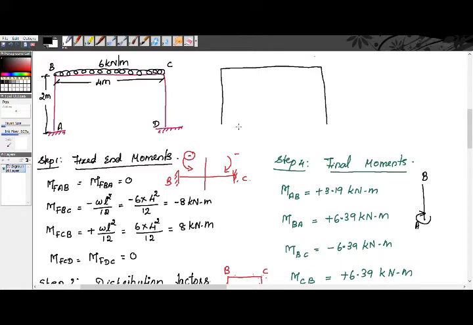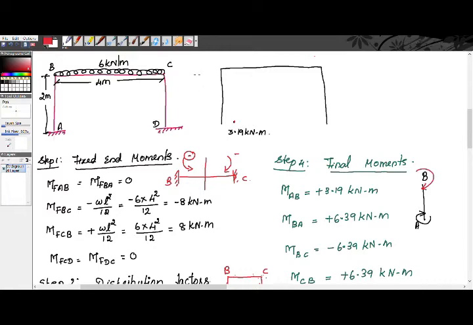So at A here it is plus 3.19 kilonewton meter. Now BA, again it is plus. It is clockwise, so draw a clockwise at B. It is pointing towards the left.